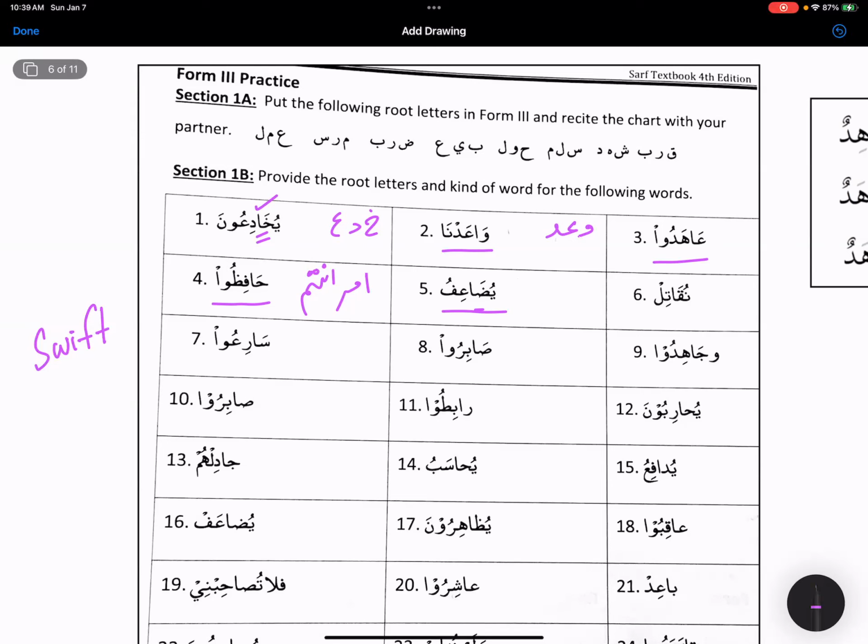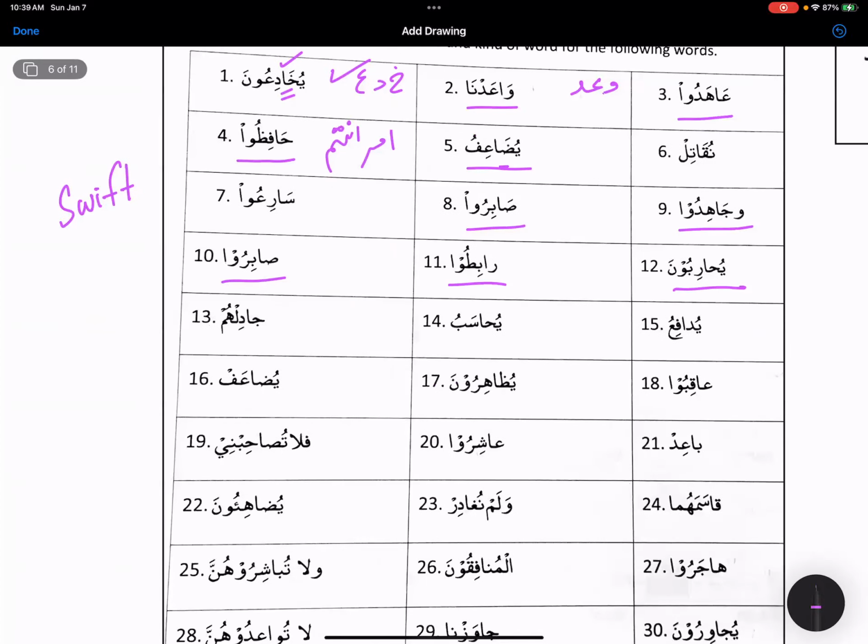So basically all of these are Amar: Jahidu, Sariyu, Swabiru, even Jahidu, and Rabitu, Swabitu. So many. Now Yuharibuna is the same as Yuhadiuna. Then Jadilhum.